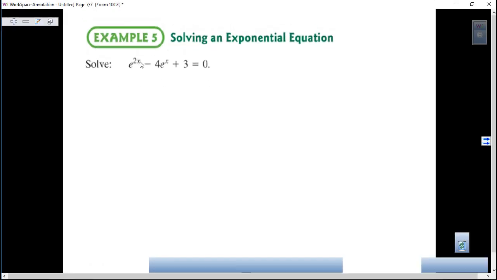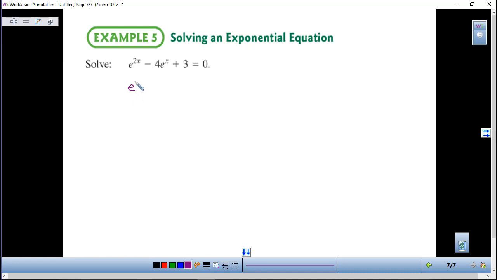So you can actually think about this as e to the x squared minus 4 times e to the x plus 3 equals 0. So in this case, our x is actually e to the x.